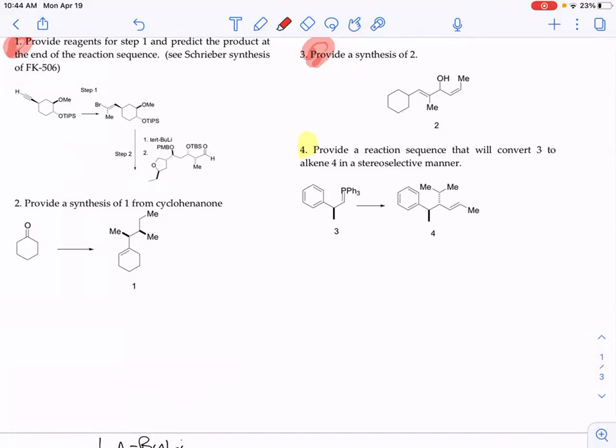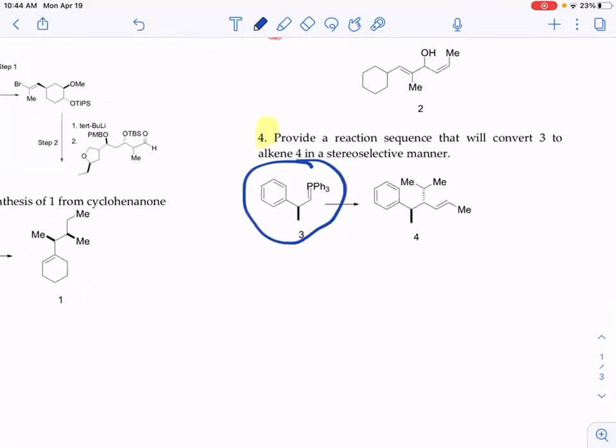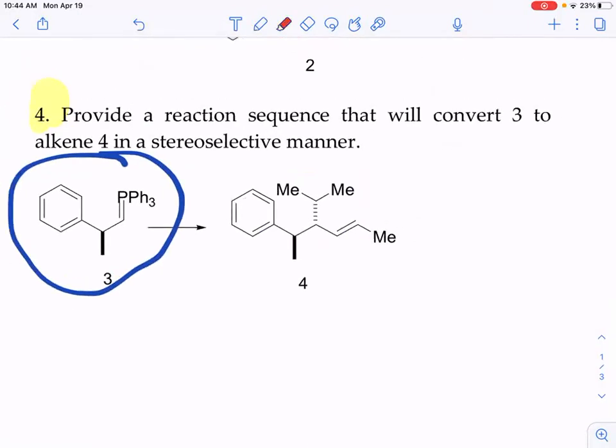So look at what we're trying to do. We start out with this ylide. So we know that we're going to have to do a Wittig reaction using that ylide with some aldehyde. Now, when we look at what we made, this carbon right here is the carbon of the ylide.